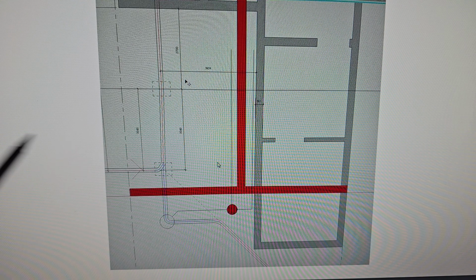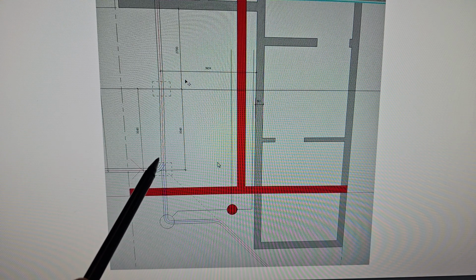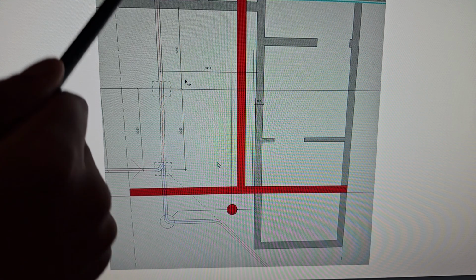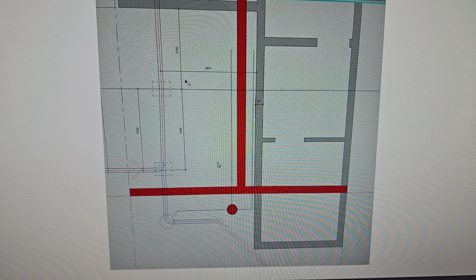All the properties on the left hand side here will feed into the same pipe all the way out to the main road. So hopefully we would have sent that to building control, they would have provisionally said, yep, that looks right, that makes sense, crack on with the actual physical build, and we'd be good to go.